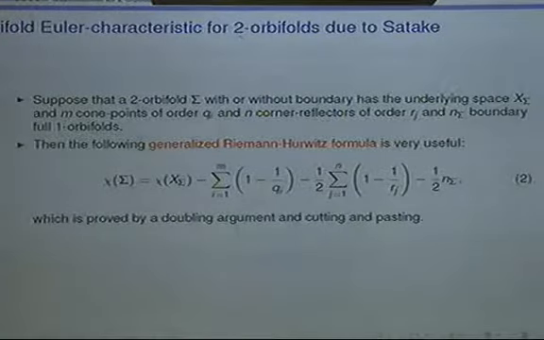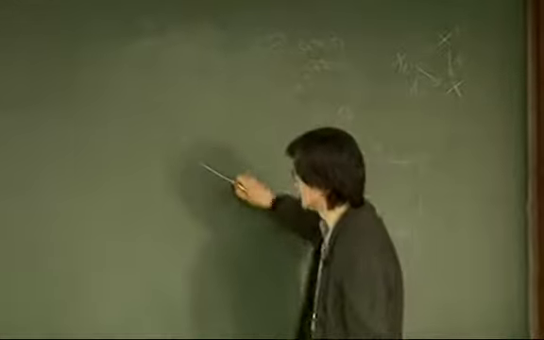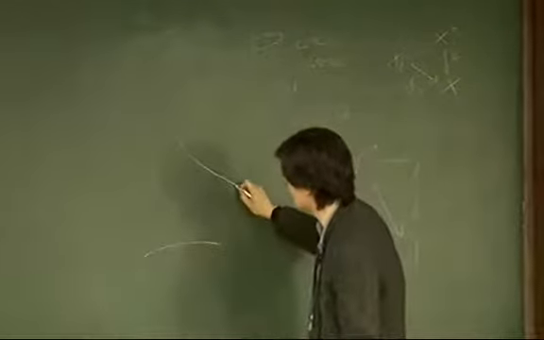So if you have a two-orbifold with boundary as the underlying space, m cone points, n corner reflectors, and boundary one-orbifolds. By boundary one-orbifold, I mean it's in the boundary, and it has the structure of a one-orbifold. So you have mirror points, and then this will be an arc.